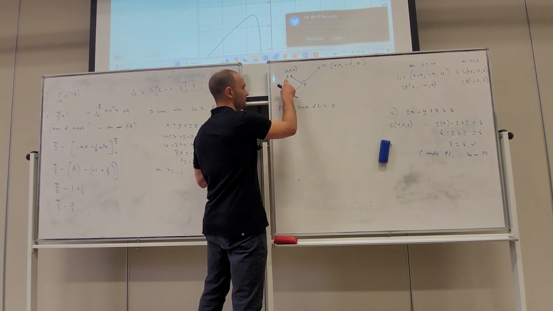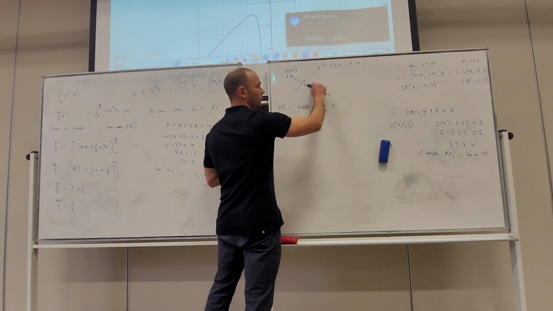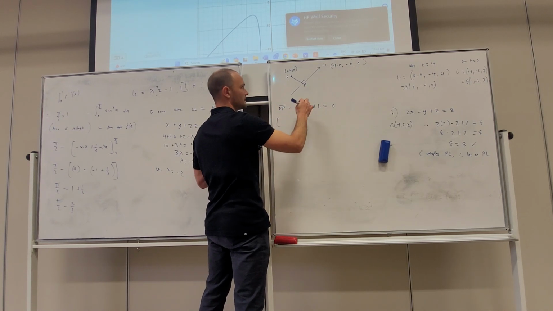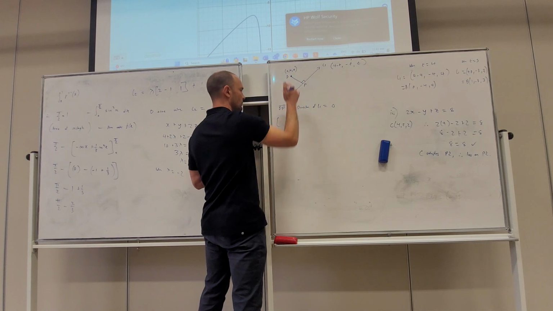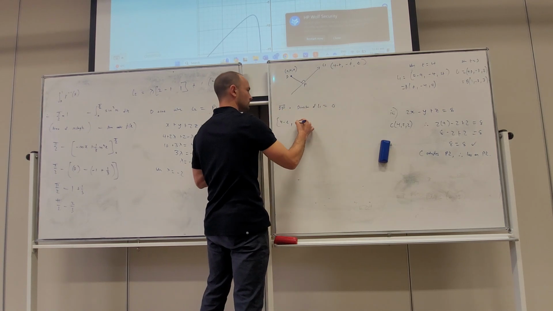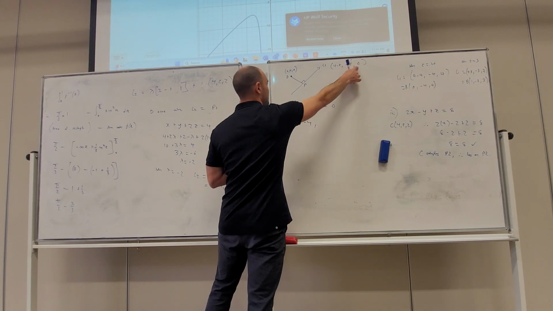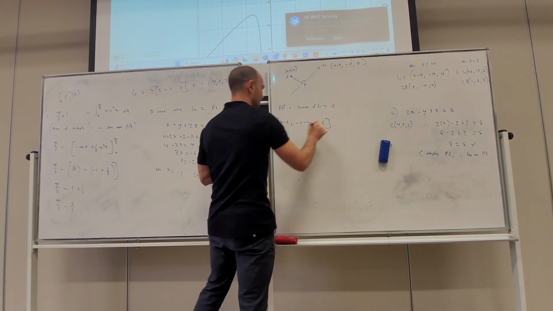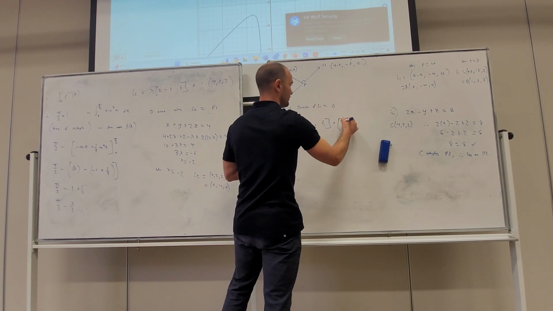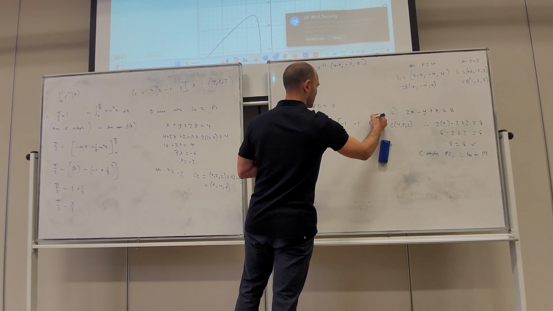Now, the coordinates of P are in terms of t, right? So the vector from D to P is going to be 4 take t take 0, minus t take 4, and t take 0. So that's vector DP, and the direction vector of L1 is minus 1, 1.